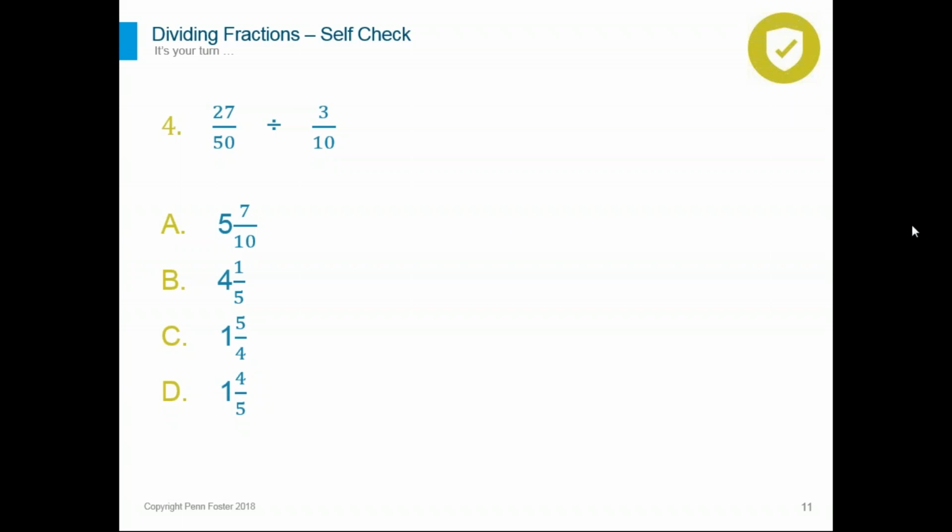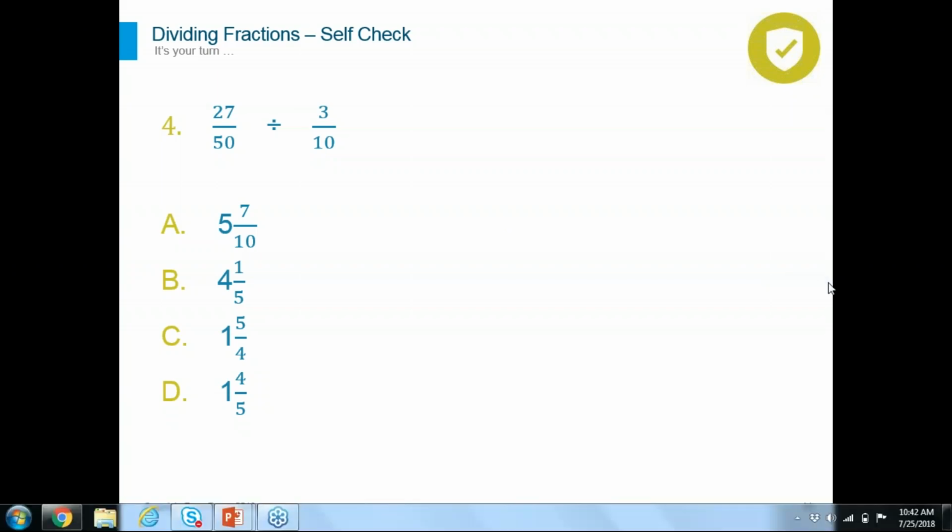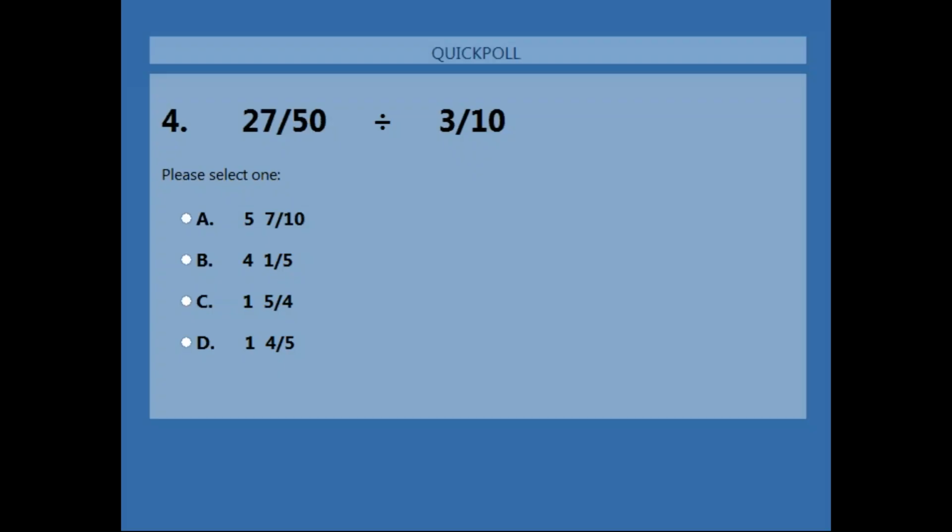Okay, I'm going to check in to give everyone a chance to share their answers. What is the quotient of dividing 27 over 50 by 3 over 10? We know how to change this problem to a multiplication problem using the reciprocal of the second fraction.